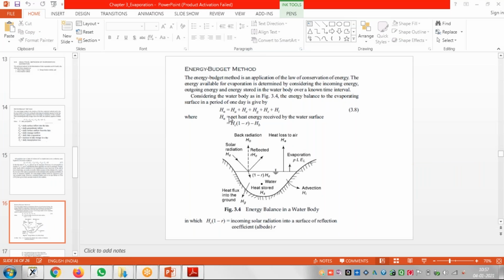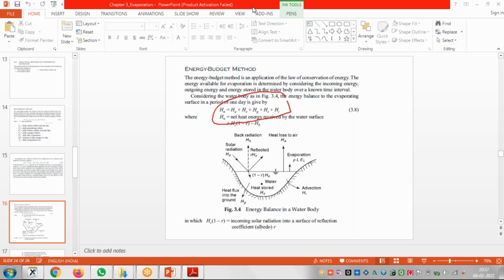Here, Hn is the net heat energy received by the water surface, which is equal to Ha plus He plus Hg plus Hs plus Hi, right? Just remember this equation. This is the energy budget method.